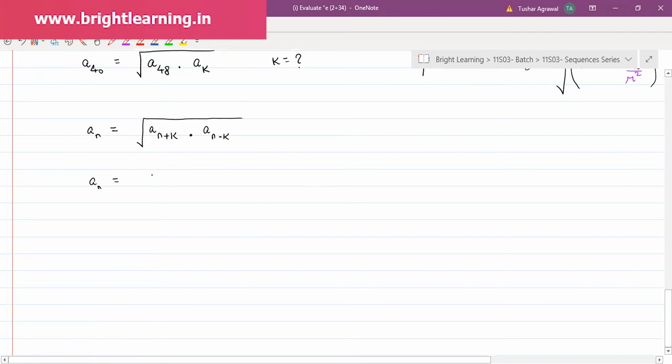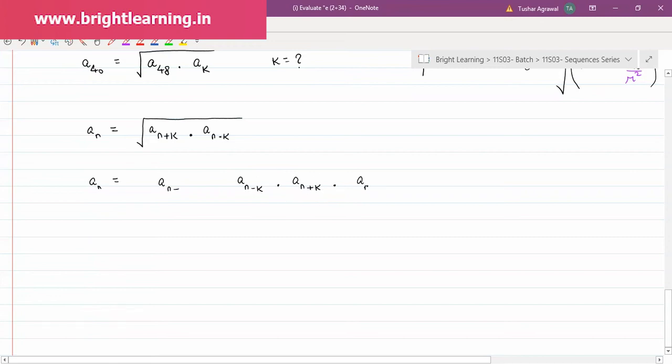Product of 4 equidistant terms means what? Let us take a(n plus k), so I will also have to take a(n minus k). Their product, but don't take just 2 numbers. I went k steps forward, k steps backwards.